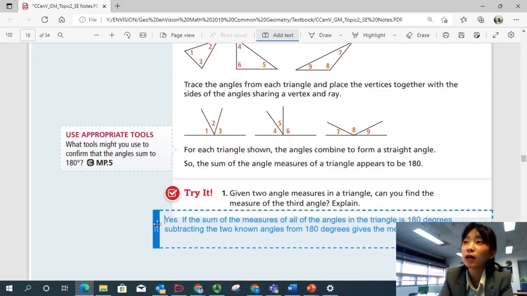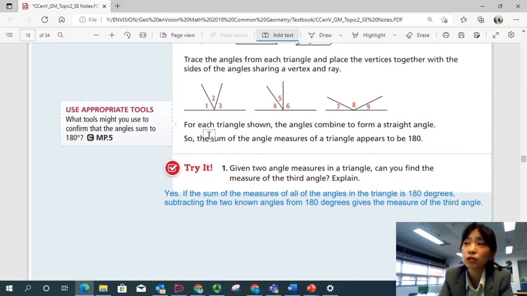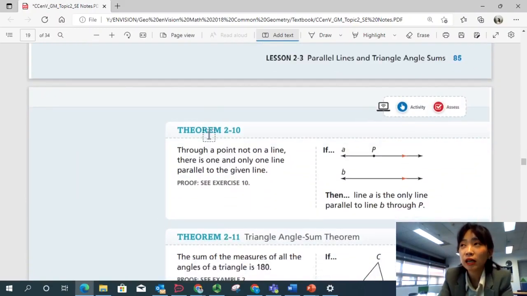Okay, so that would be how you figure out the third angle if it's not given with the other 2. Let's look at theorem 2-10 on the next page.